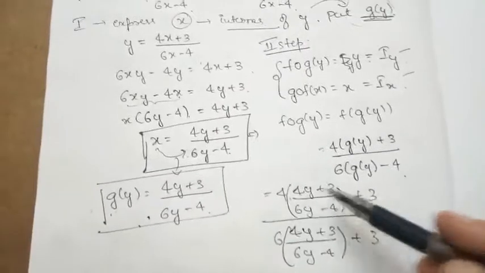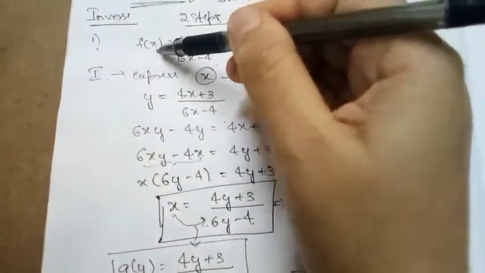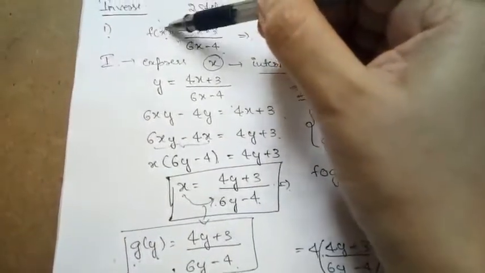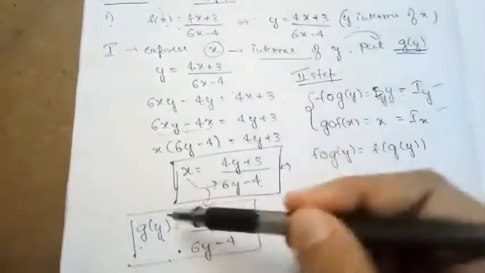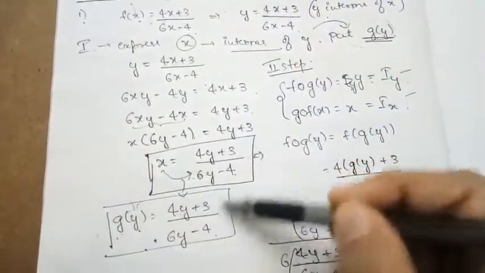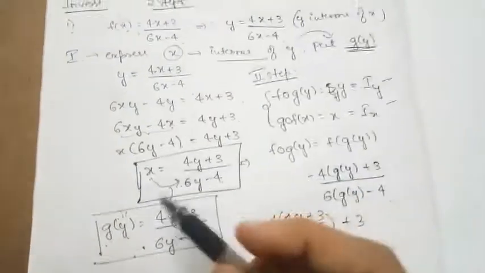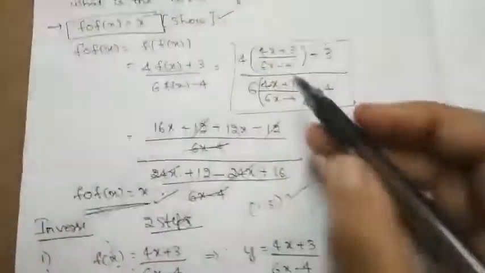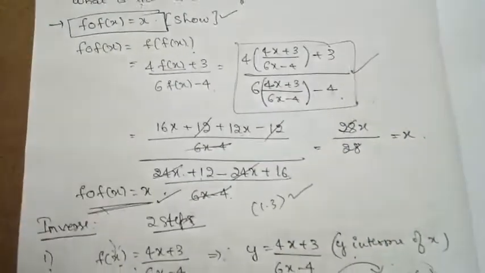Solving this is similar to what we have done here. If you observe, our function f of x and g of y are both the same function. Here our input was x, and here our input was y, so they have expressed it with y itself. So the solving part is similar to what we did in the beginning.